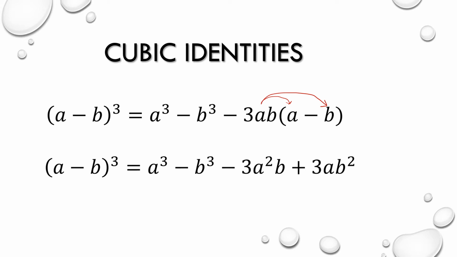So again, you can use the identity in this way, or in the simplified form. Both the identities are correct. The only difference is this one is the simplified one, where we have opened the bracket. Now we will do the questions based on these two cubic identities.